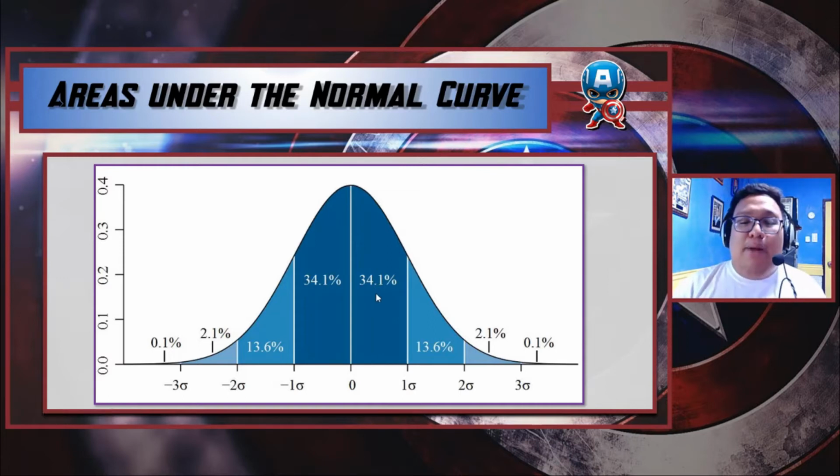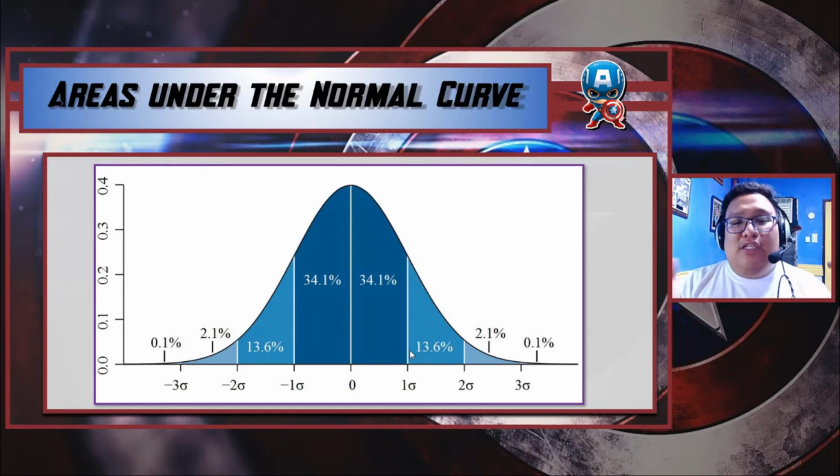Ganun din halimbawa kapag tinanong ko naman, ano ang area from 1 standard deviation to 2 standard deviations above the mean. So pag sinabi kong above, you're going to look at the right side of the normal curve. So ganun lang siya kadali. However, if it becomes decimal, for example, can you find the area of the normal curve between 0 and 1.5?